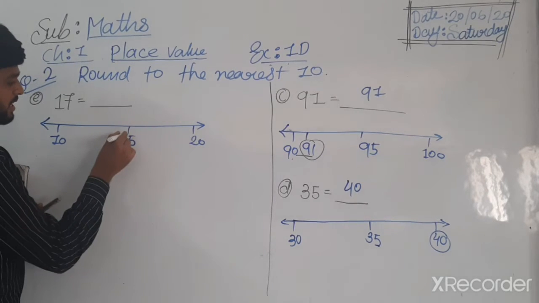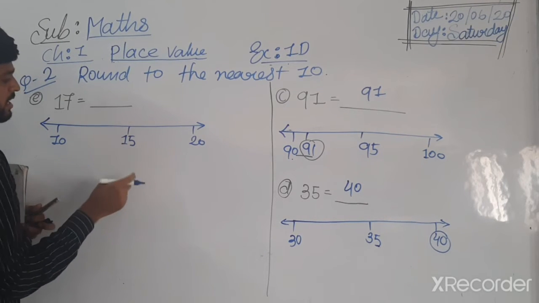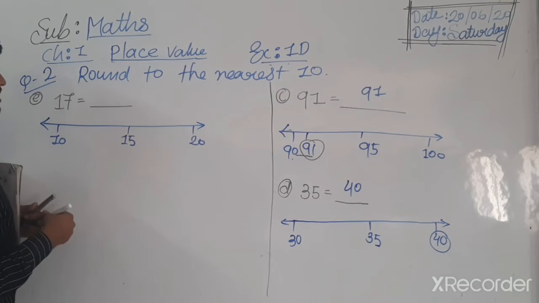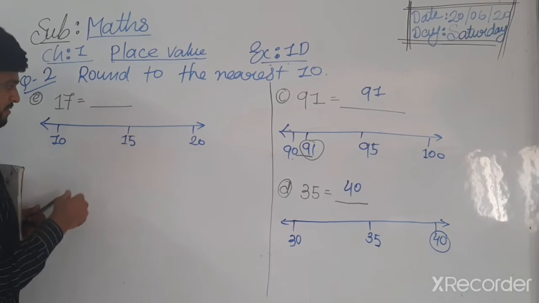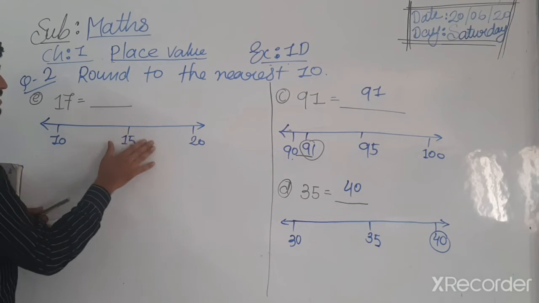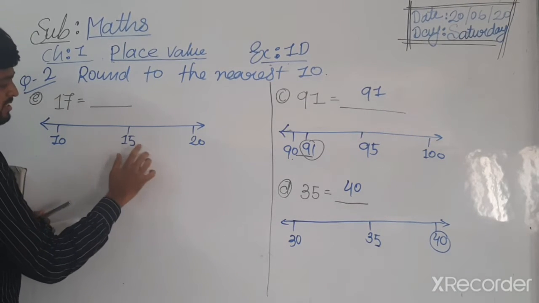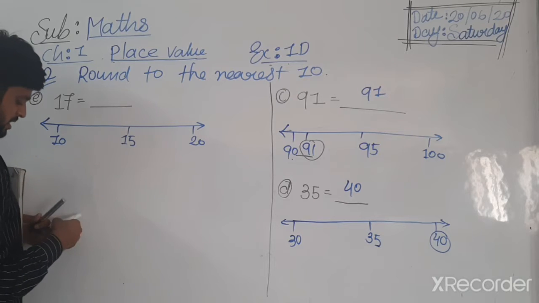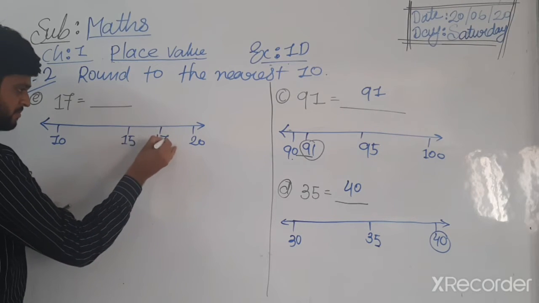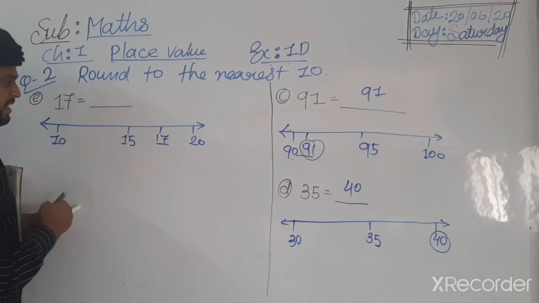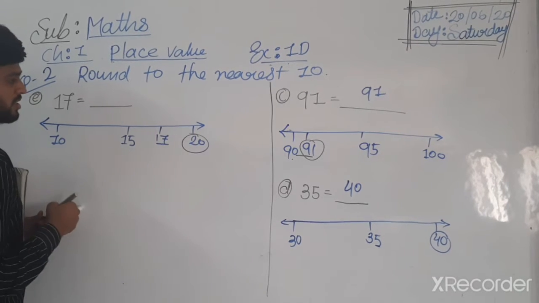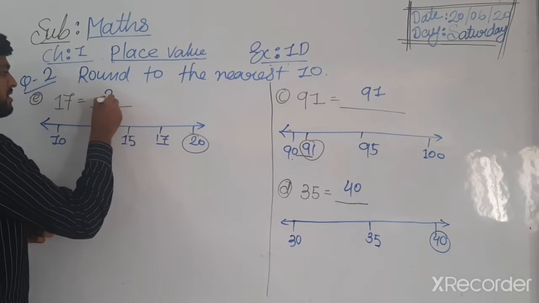So 17 comes after 15 here. Which is the nearest ten, 10 or 20? 20. So we write 20.